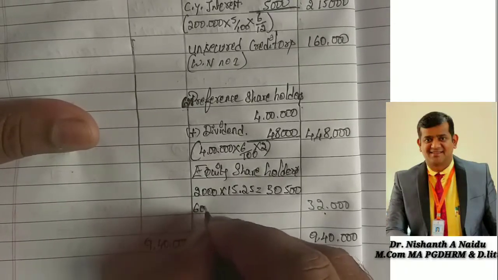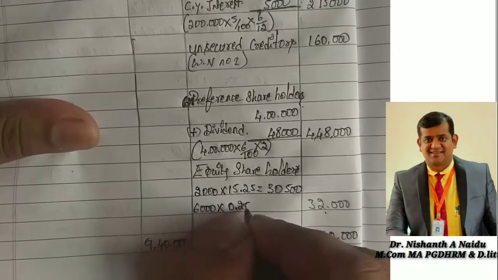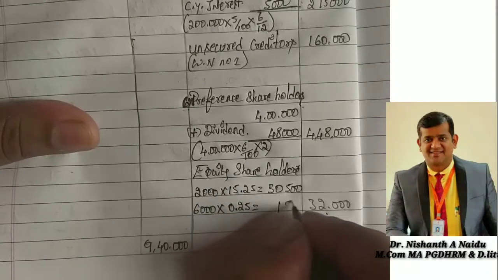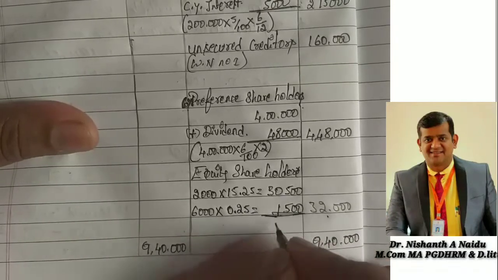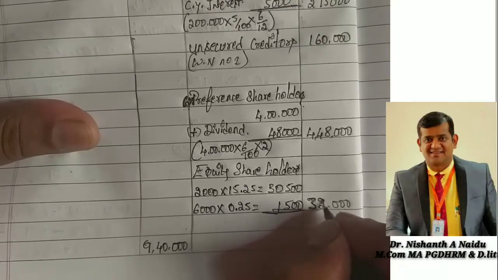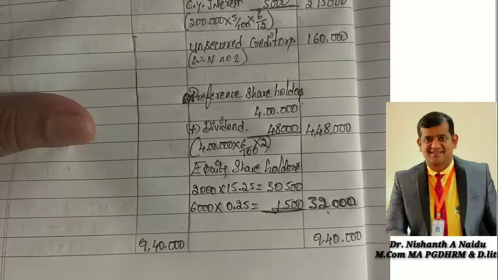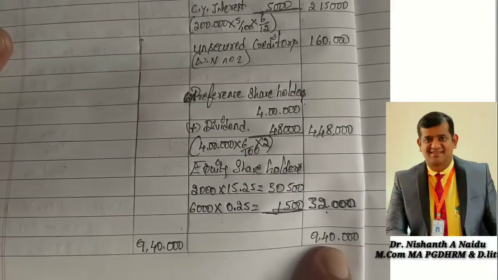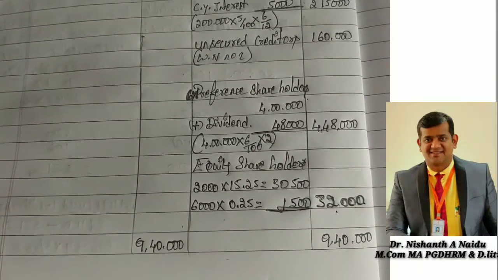The same way, 6,000 shareholders are getting 25 paise: 6,000 into 0.25 is 1,500 rupees. Total, 30,500 plus 1,500 is 32,000 rupees. If you total both sides, you will get 9,40,000 and 9,40,000.